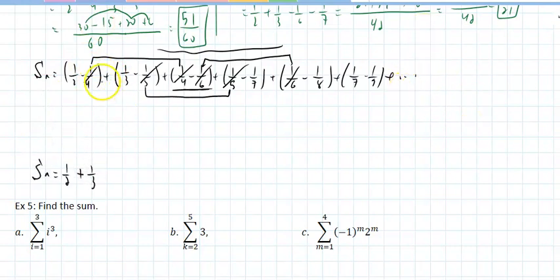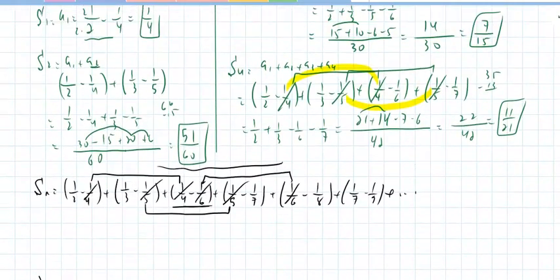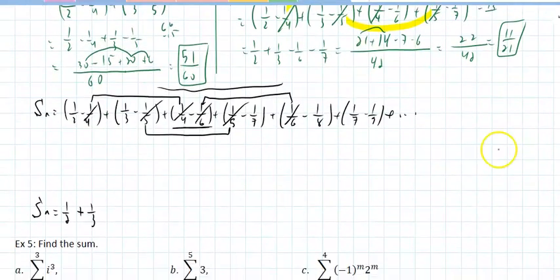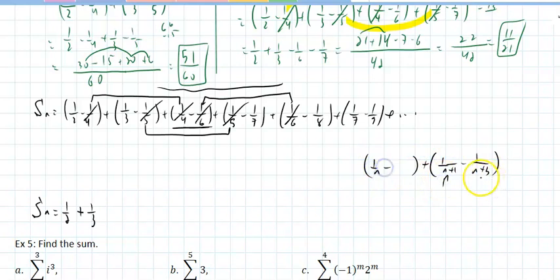So the very last term is literally what you see. It is that 1 over n plus 1, that's the last term, minus 1 over n plus 3. The term before, subtract 1, 1 over n, subtract 1, 1 over n plus 2.